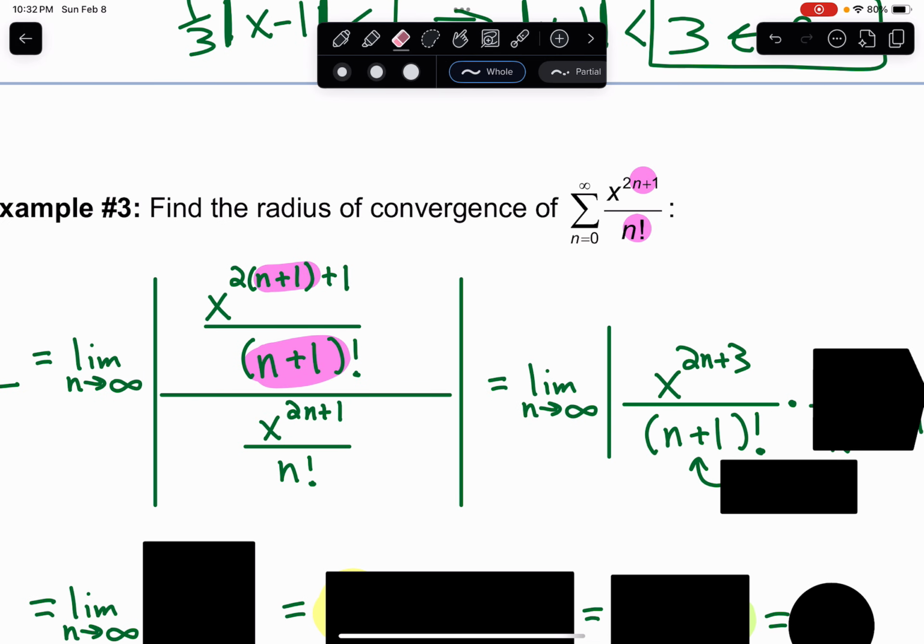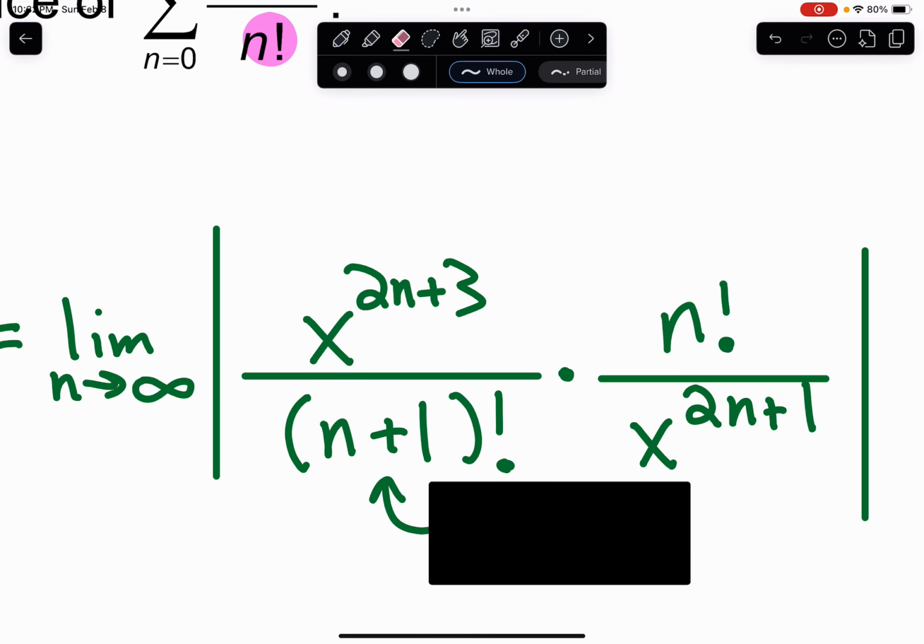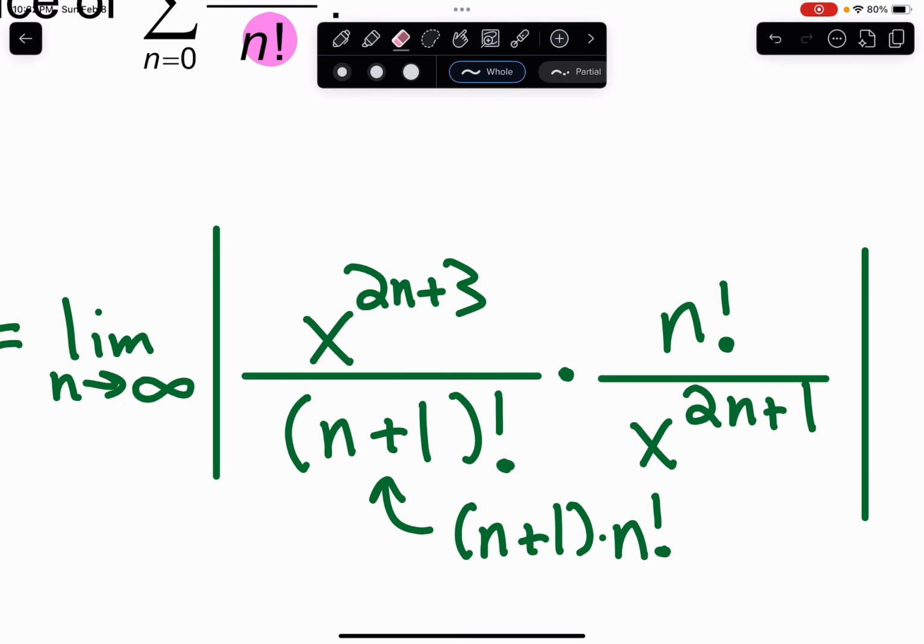And so I went ahead and distributed the 2, so I get 2n plus 2 plus 1, so I get 2n plus 3, and now reverse the denominator. And now, just like we talked about earlier, n plus 1 factorial is n plus 1 times n factorial, and so n factorials will cancel out, which is good for us.